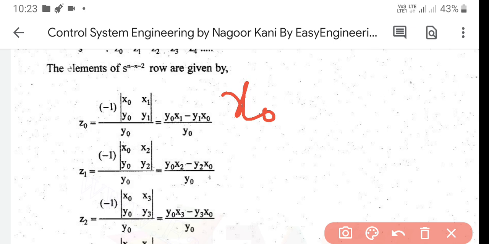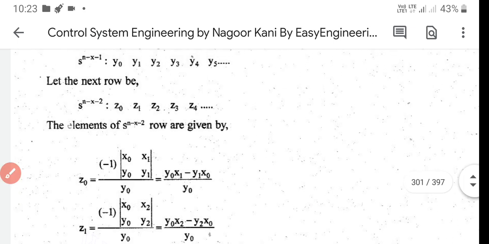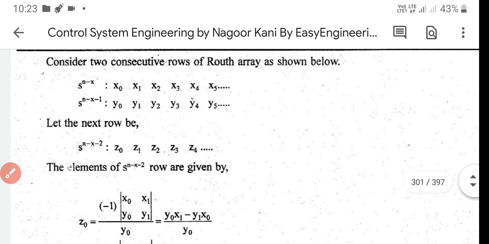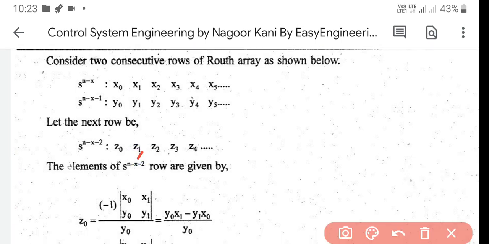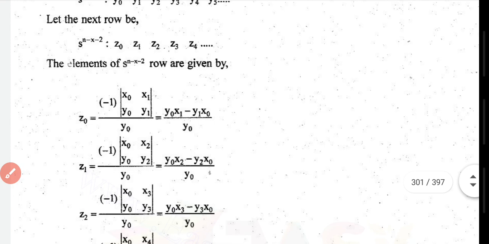Similarly, the z1 value can be calculated by considering the first column and the third column elements for the determinant, divided by your y0 value. What are the first and third column elements? x0, x2, y0, y2 divided by y0.